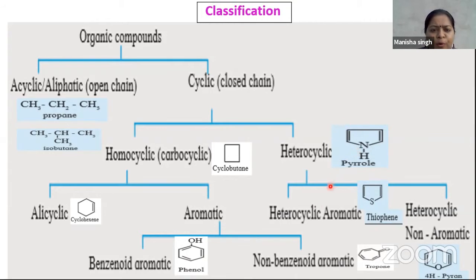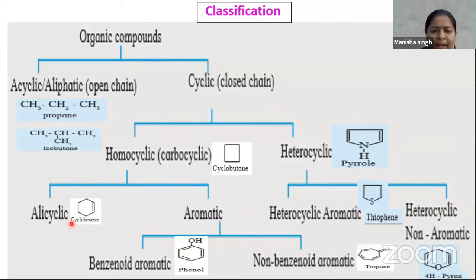Now we will come to homocyclic. Homocyclic is again divided into alicyclic and aromatic. Now what is alicyclic? The ali word comes from aliphatic compounds. So it has the qualities of aliphatic compounds and also of cyclic compounds. Here the ring is there with single bonds or with a double bond, in which all the atoms are carbon.